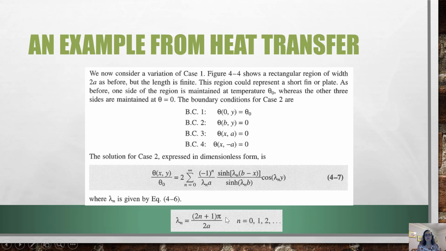And the lambda sub n is given by this, so you'll see that it's a function of n and that parameter a. So 2a is this distance across here. All right, so this is our problem description, and we have then, this is a formula.